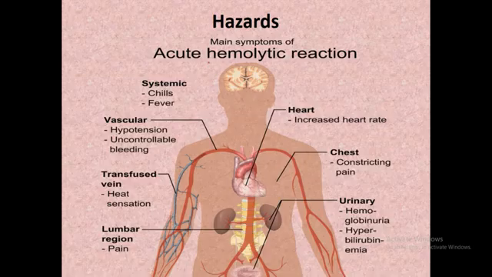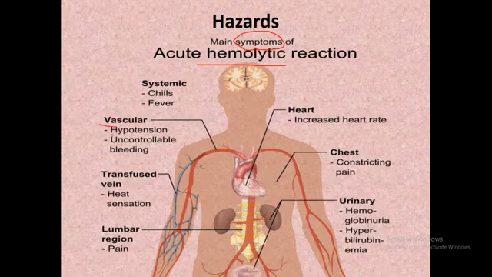Now the main symptoms of acute hemolytic reaction. I told you what is symptoms and what is signs. Symptoms means whatever the patient tells the doctor, and signs mean whatever the doctor observes in the patient. Systemic symptoms: chills and fever.